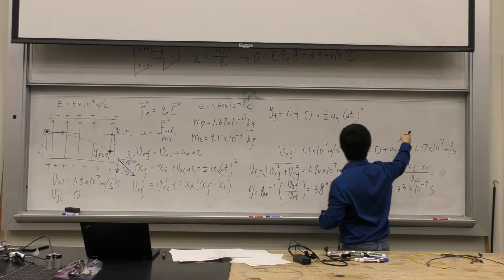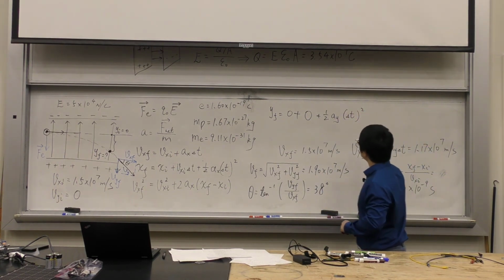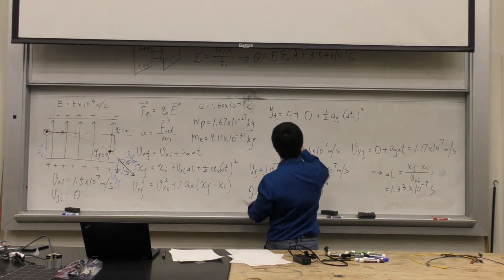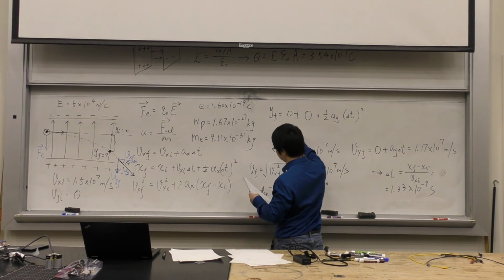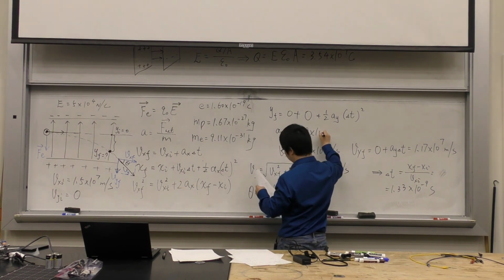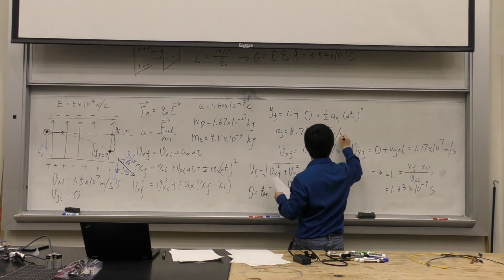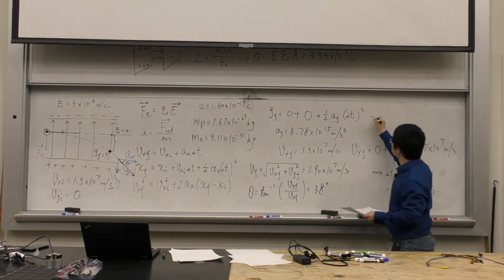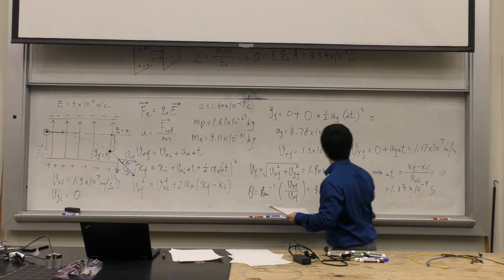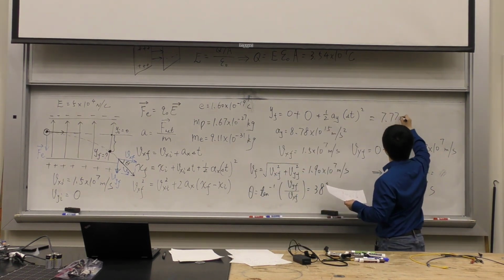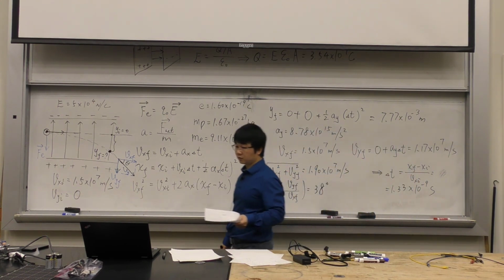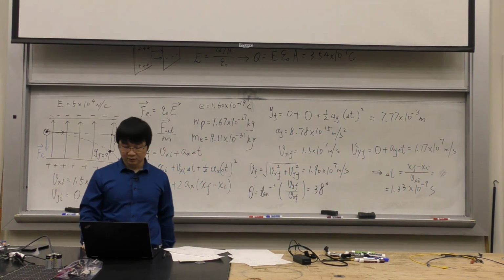Ay we just found: 8.78 times 10 to the 15th meters per second squared. Delta t is still the same. You plug all the numbers in, you would get 7.77 times 10 to the negative third meters.